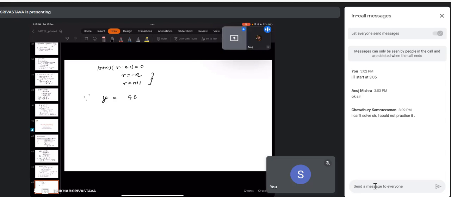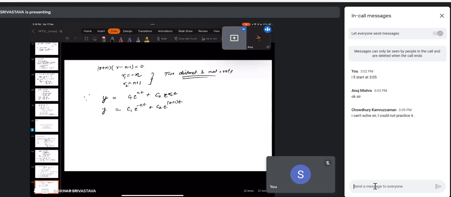We know that for any second order linear differential equation, if we have two distinct roots, distinct meaning they are different and they are real, in that case the solution is of this form: C1 e to the power R1 t plus C2 e to the power R2 t, where C1 and C2 are some constants and R1 and R2 are the roots. Suppose this is R1, this is R2. So you can just write C1 exponential minus nt plus C2 exponential n plus 1 t.